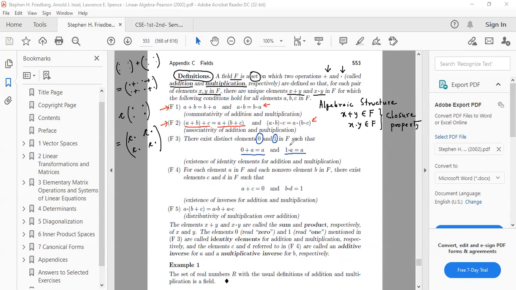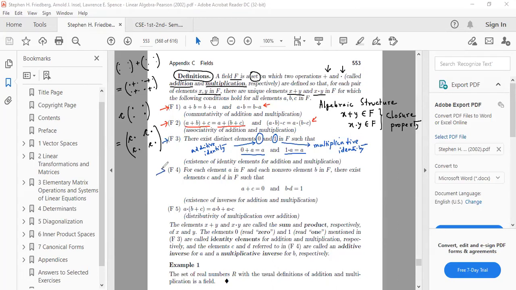So that is written as 1 into A, which is A. This particular element 0 is called the additive identity, and this particular element 1 is called the multiplicative identity. We need to find these elements in the set capital F.